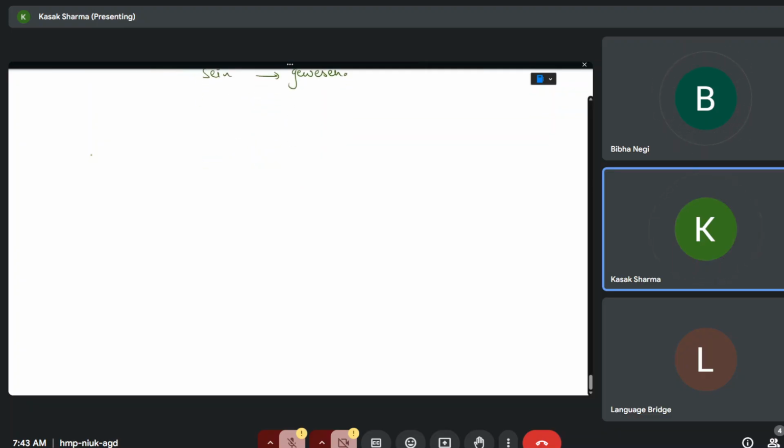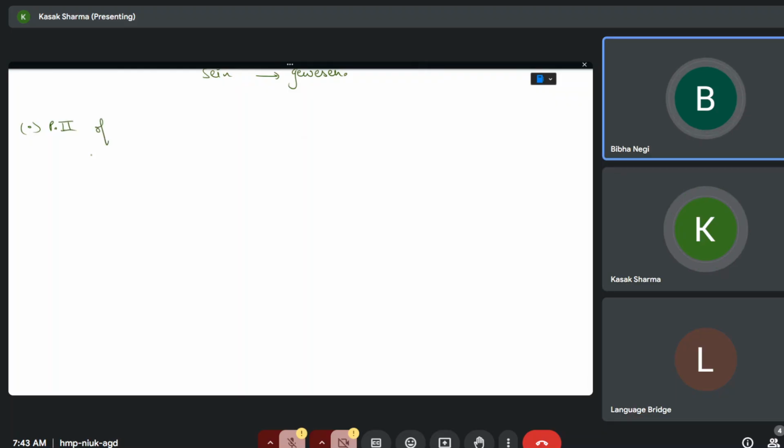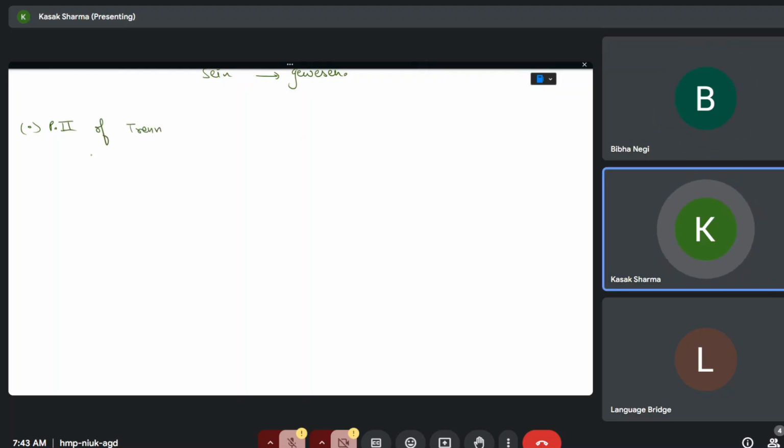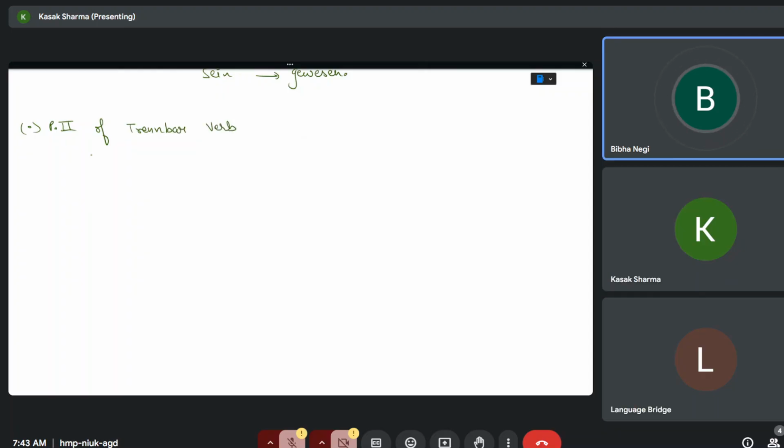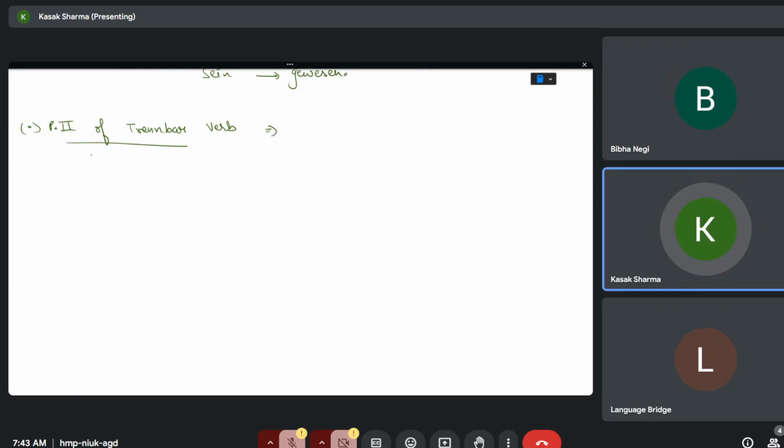Now we know the trennbar verbs, right? For the participle of trennbar verbs, the separable verbs like einladen, anrufen, whenever we form the participle of those verbs, just ge is placed in between the word.